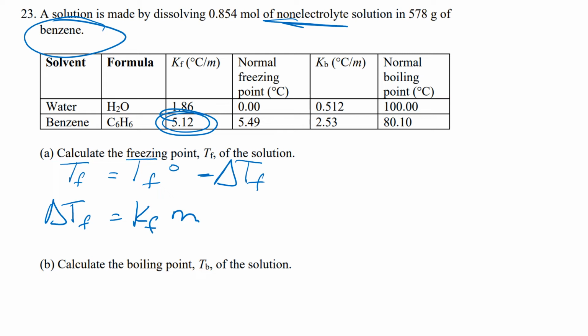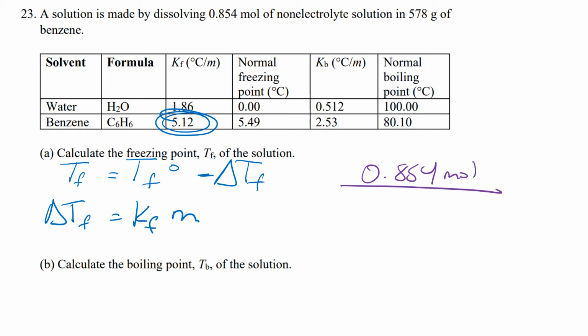So molality is moles divided by kilograms. So we have 0.854 moles of solute and 578 grams of benzene. We just need to convert that to kilograms. And that is going to be equal to 1.48 molality.